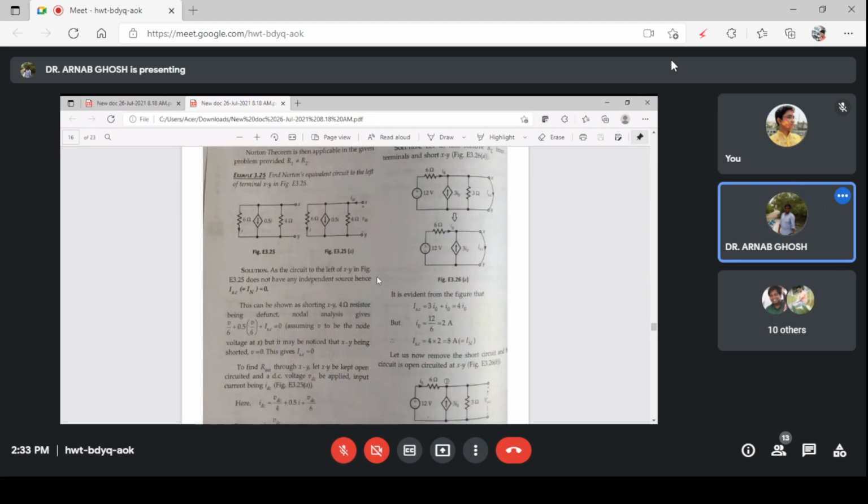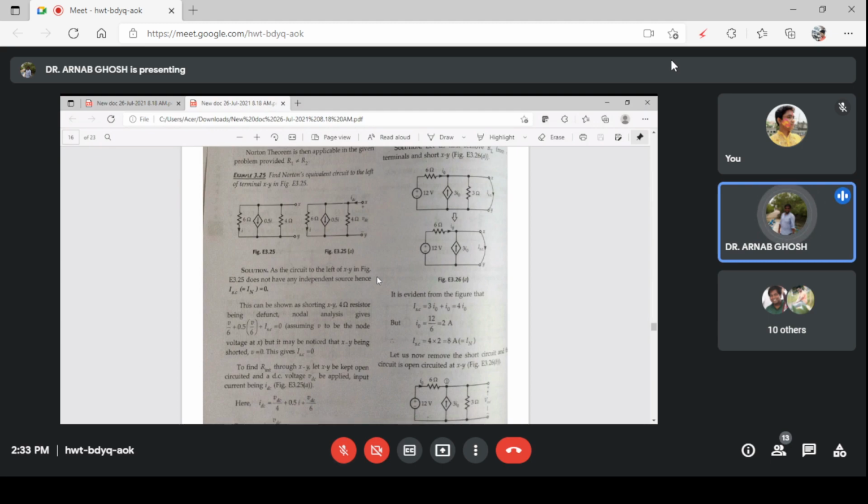So when you are having this as a short circuit, when you have a short circuit path, the entire current will flow through this short circuit path. So there will be no current flowing through the resistance. No current will flow through this 3 ohm resistance.